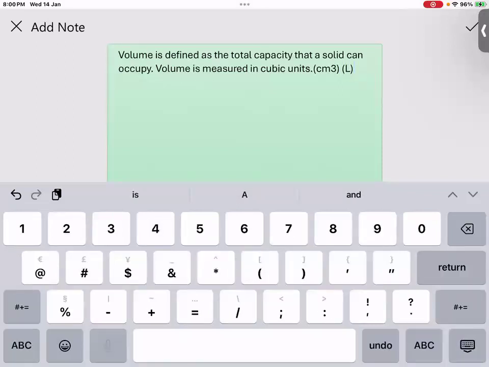So those are the two units that we're going to be using throughout. So volume is defined as the total capacity that a solid can occupy. Volume is measured in cubic units.